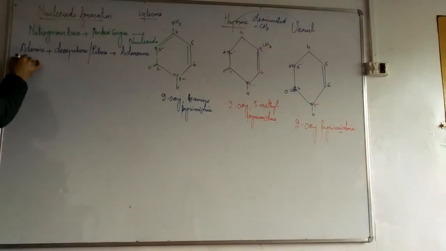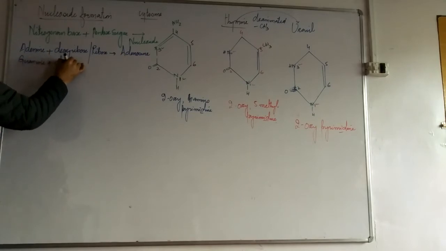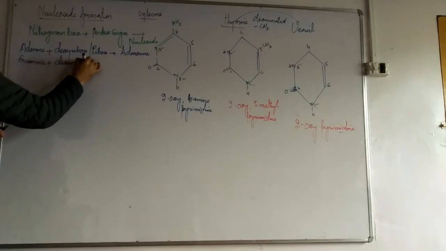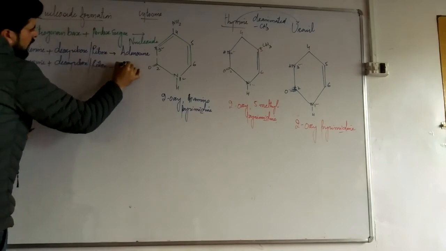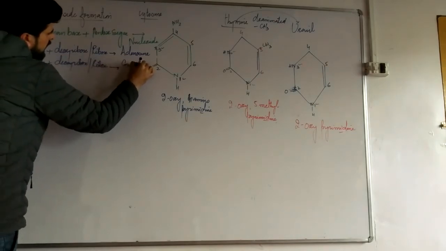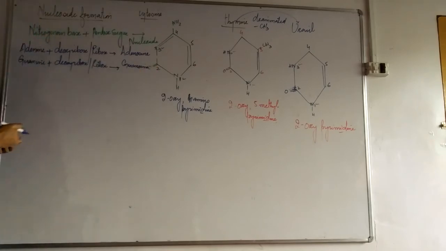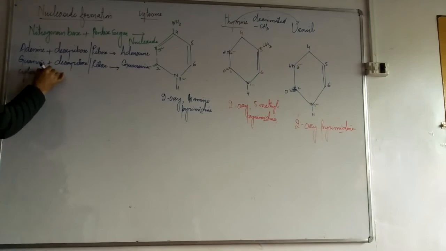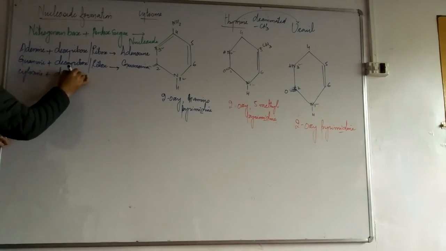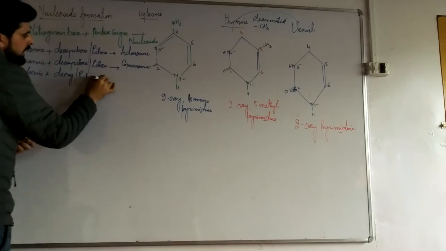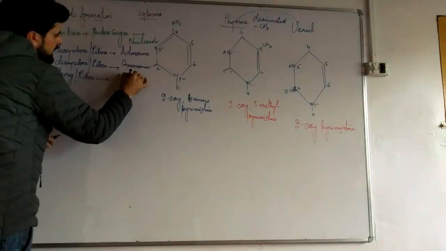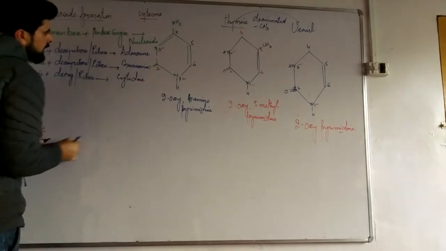Similarly, guanine combines with deoxyribose sugar in case of DNA and ribose sugar in case of RNA, then it forms guanosine, our nucleoside. Similarly, cytosine combines with deoxyribose sugar or ribose sugar in case of RNA and DNA, then it forms cytidine. And cytidine is our nucleoside.